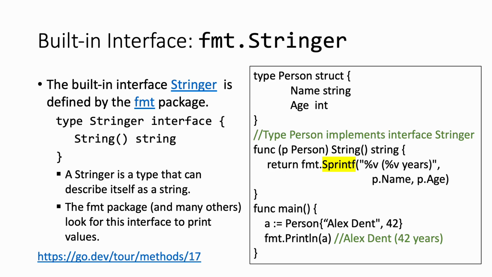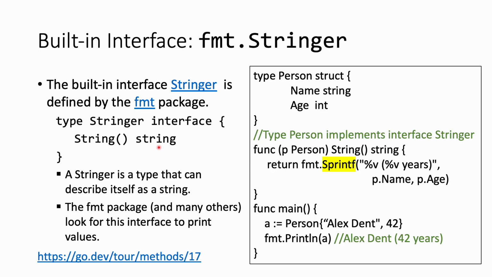There are many built-in interfaces in Go's standard libraries. One of the most ubiquitous interfaces is Stringer, defined in the fmt package. Here is the definition of the Stringer interface in the fmt package.